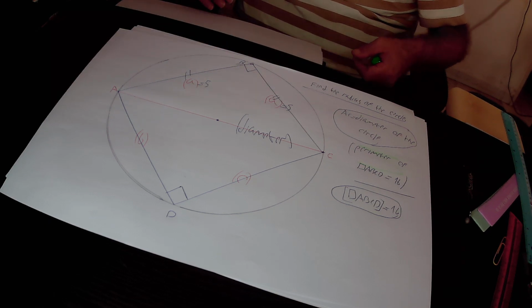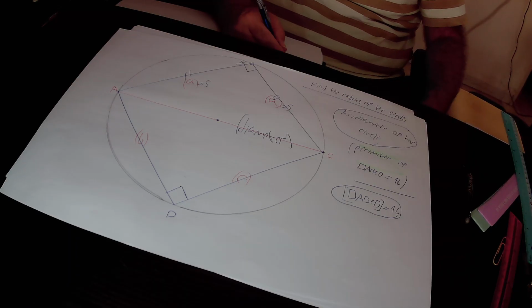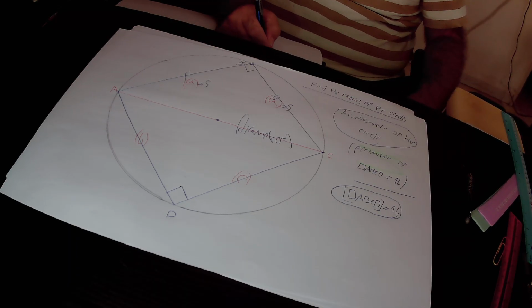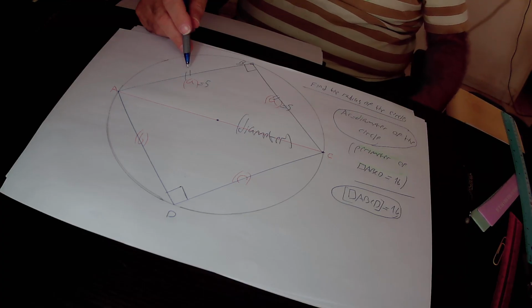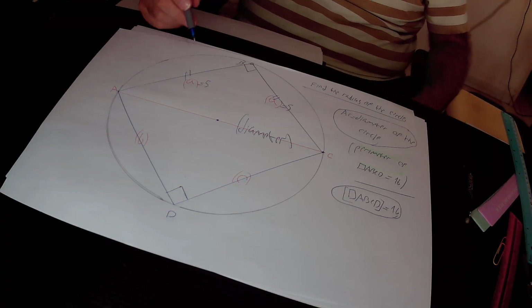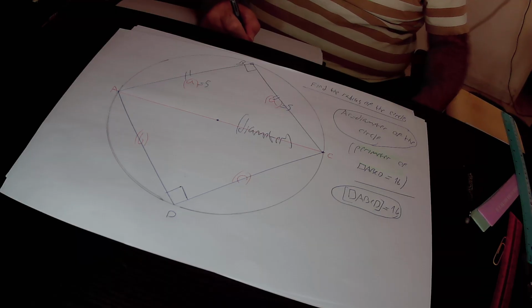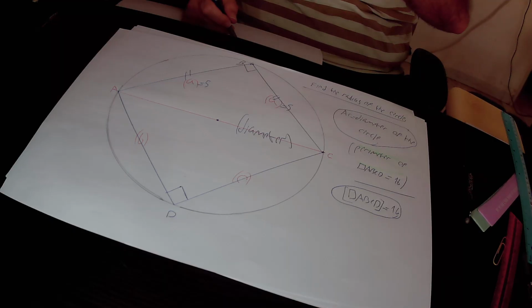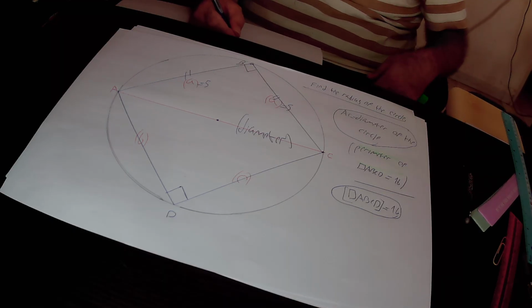AC is the missing side, so we leave it as AC squared, equals AB squared. AB is 5, therefore AB squared is 5 squared, that is 25. Plus BC squared. BC is also 5, so BC squared is 5 squared, that is also 25.